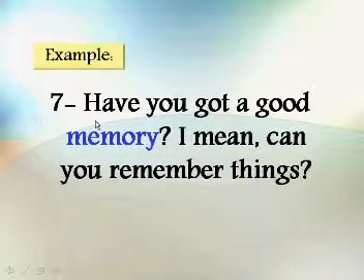Another example. Have you got a good memory? Yes, and now you have the word memory. It should be easy now. I mean, can you remember things? So if you have a good memory, it means you can remember things.